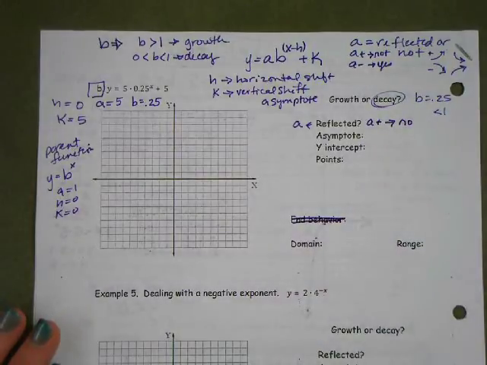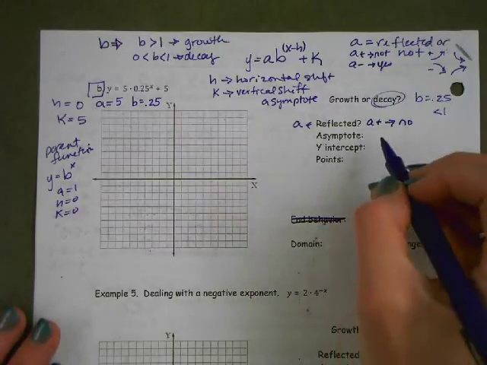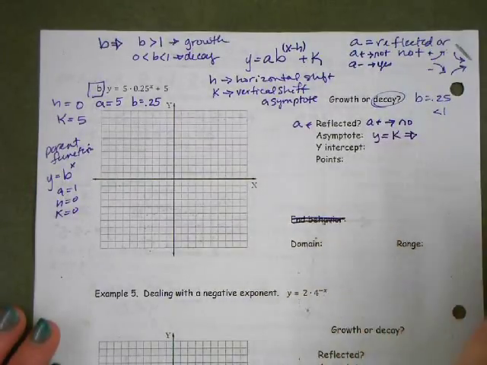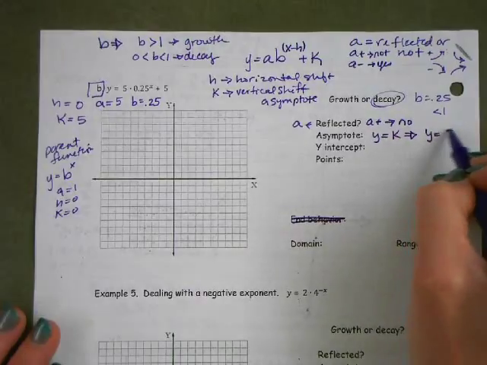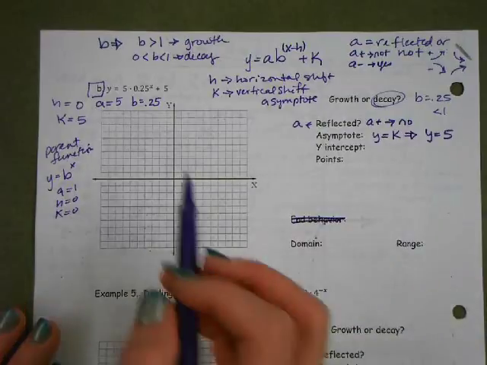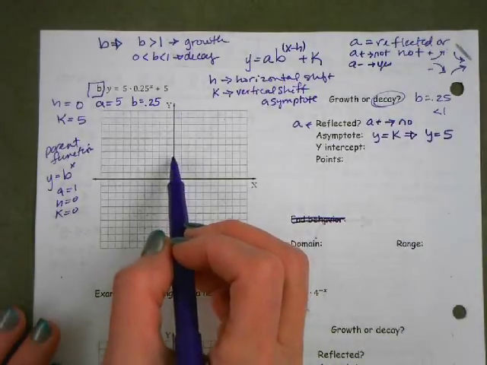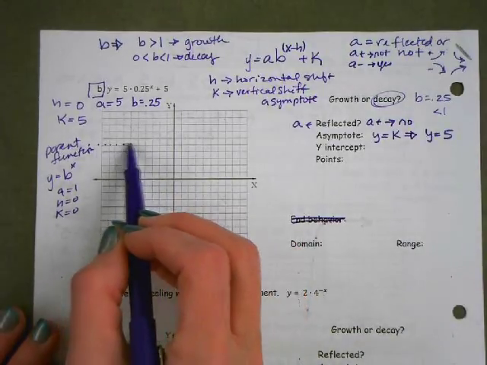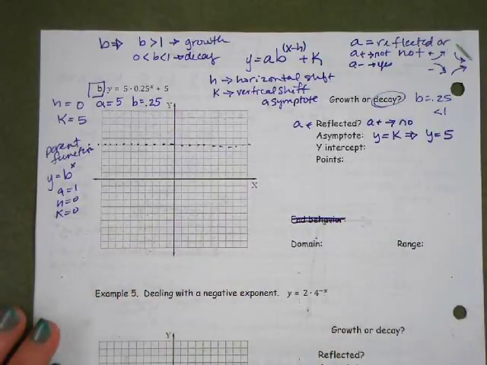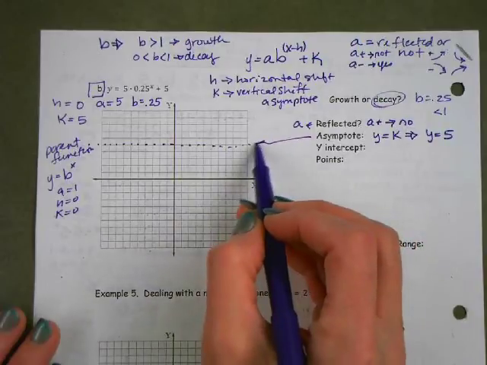What's my asymptote? It's going to be K, so what's my K value? 5, so y equals 5. That means up here, 1, 2, 3, 4, 5, this is where the line is going to be that the graph will approach but never cross.